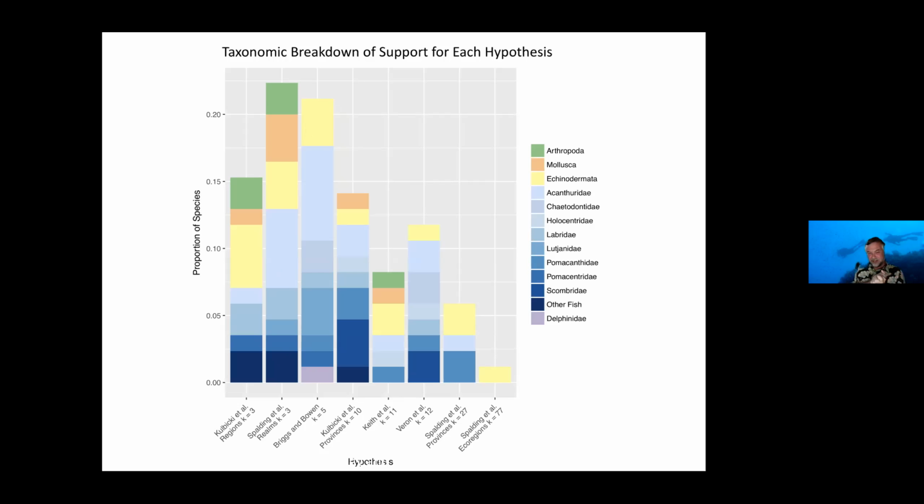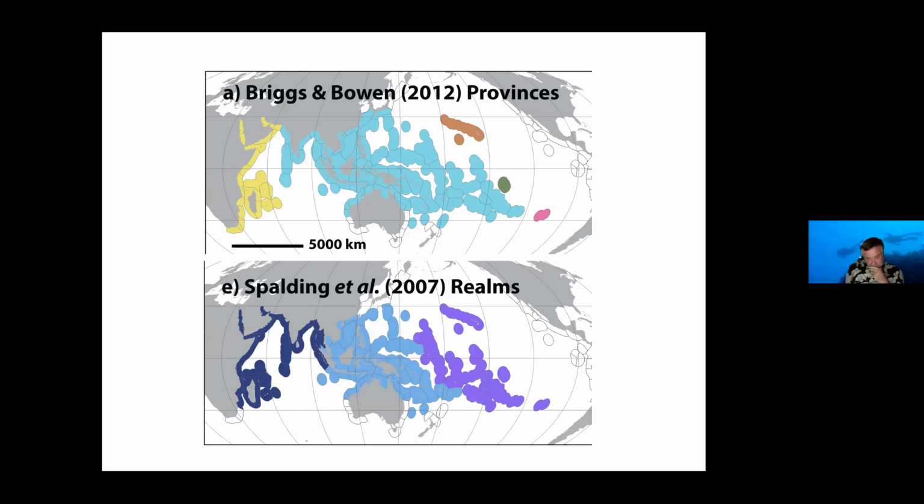That's par for the course in marine population genetics, is we just have all of this very low signal and a lot of noise. But we took these 2 hypotheses, which are somewhat different from each other, and we took each of the 5 barriers that they tended to support.